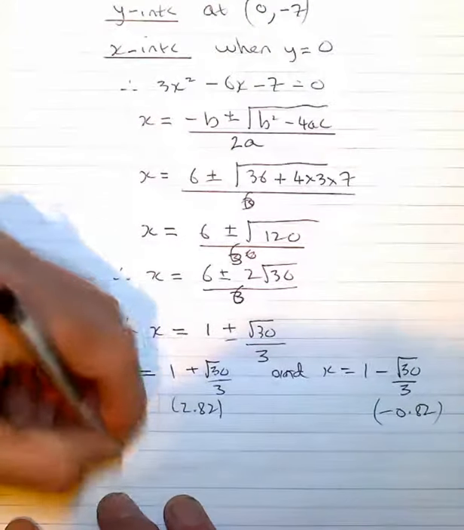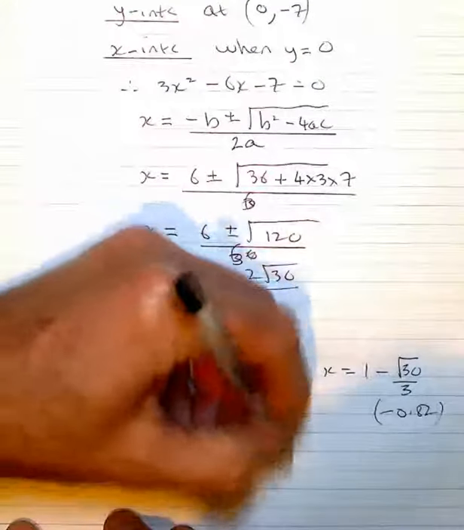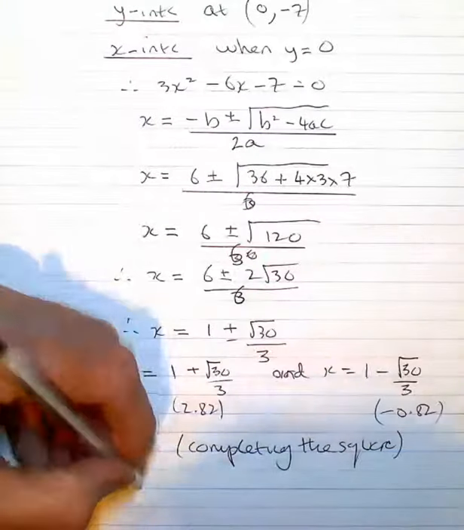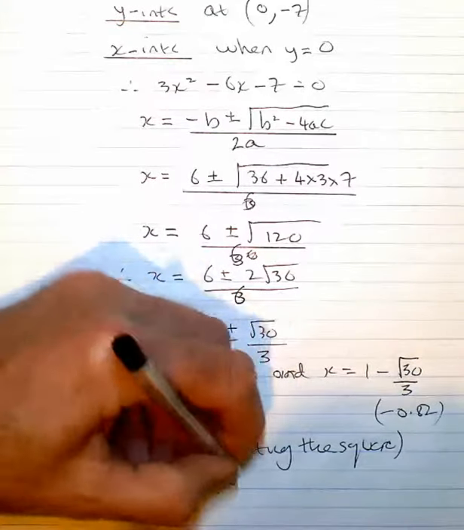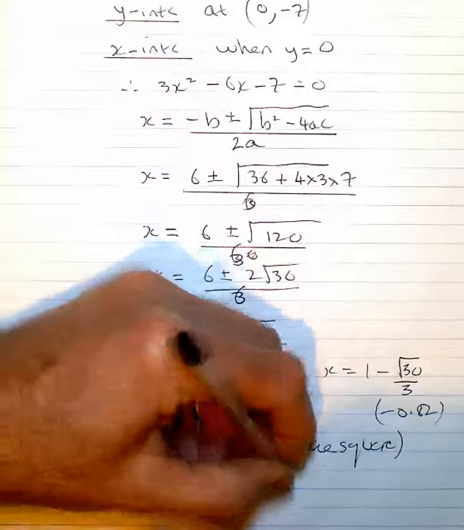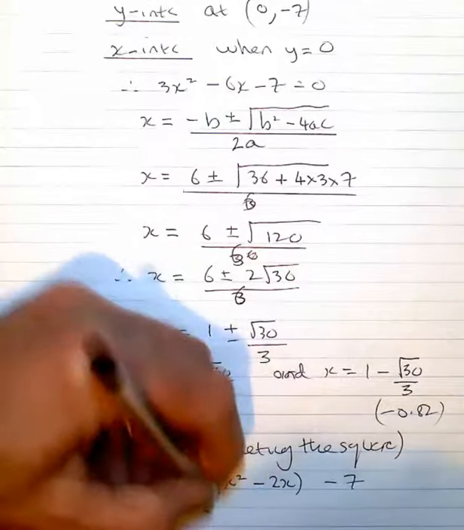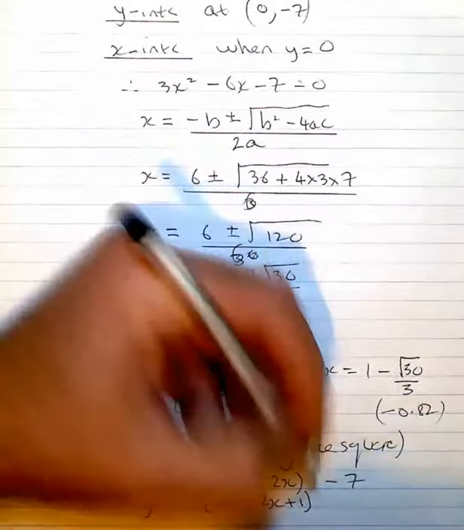I now have to locate the turning point. I'm going to do that by completing the square. And as we've done before, halving and squaring that.